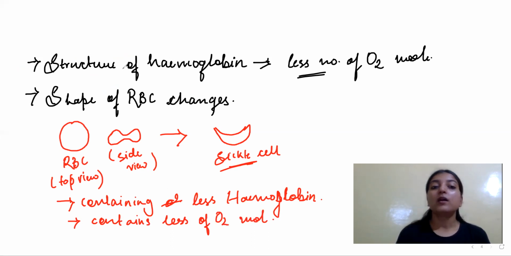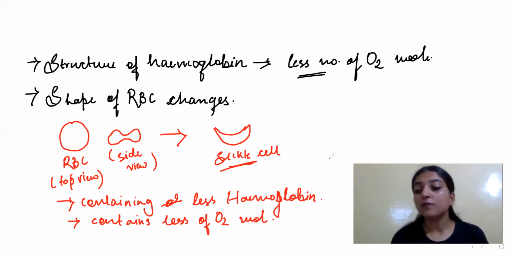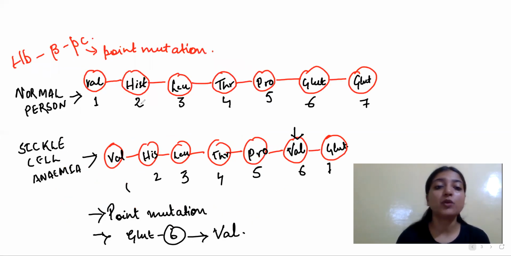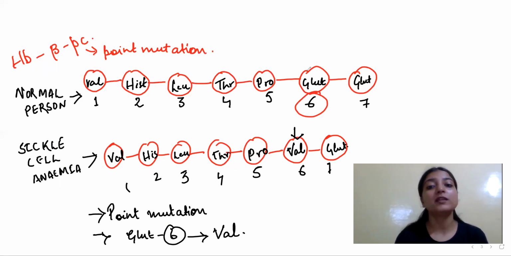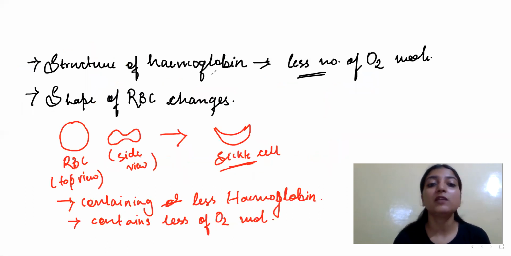So because of the point mutation shown here, at the 6th position of the beta polypeptide chain of the hemoglobin, when the glutamic acid is replaced by valine, the structure of the hemoglobin gets affected, because of which fewer oxygen molecules are carried. Okay.